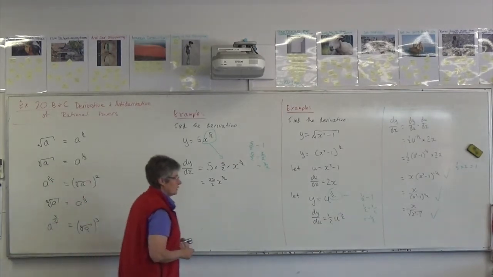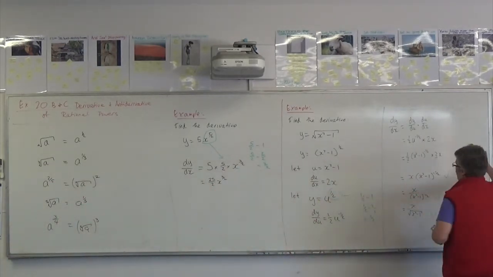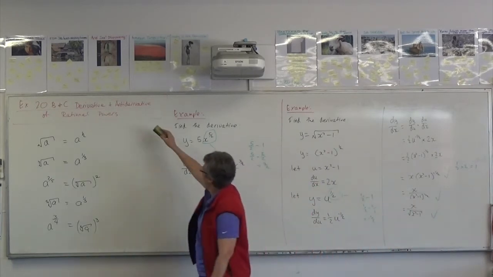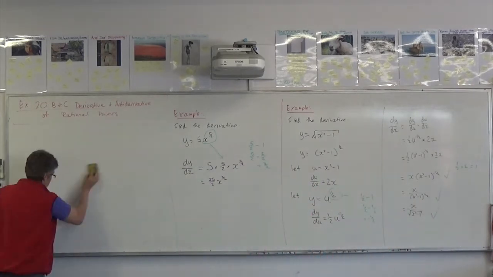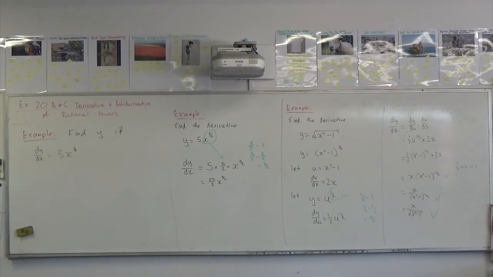Okay. So we've also got to do the antiderivative. So we've got that, we want to find the antiderivative. I'm going to leave my 3 there. Now what do I do with this? What do I do with an antiderivative?